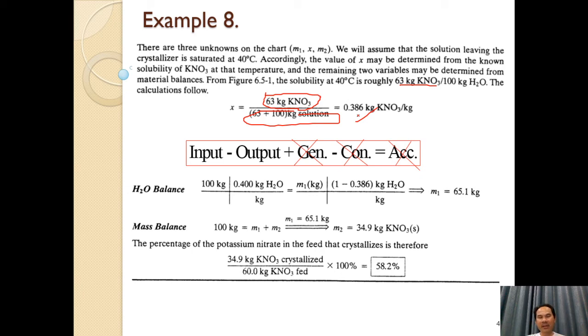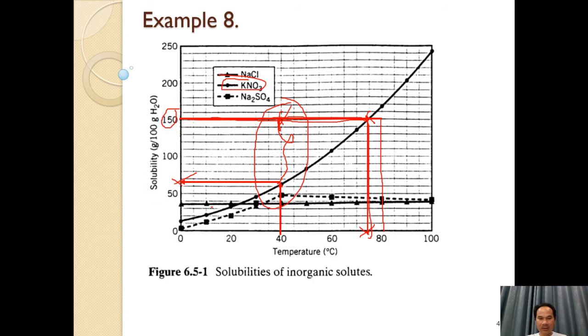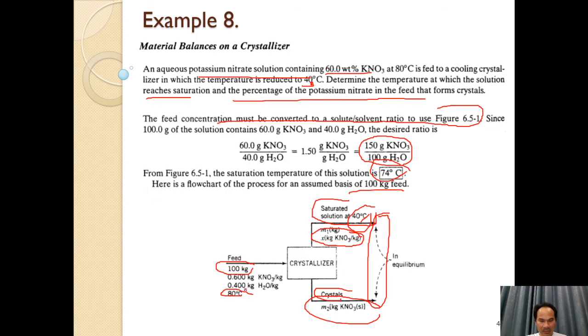Okay, you know X, and then you can calculate the fraction of water. Now you know X, you have only two unknowns, M1 and M2, and you have two balances. Solve for that. In the first step, we solve the water balance. Water input is 0.4 multiplied by 100, equal to (1 minus X) times M1. 1 minus X is the fraction of water, and M1 is the total mass.